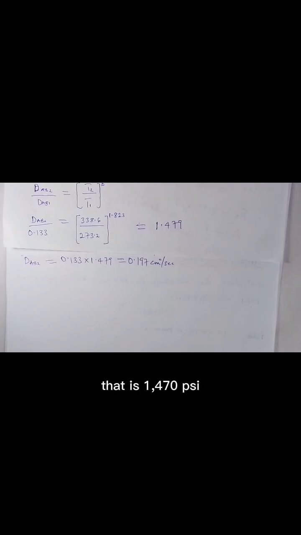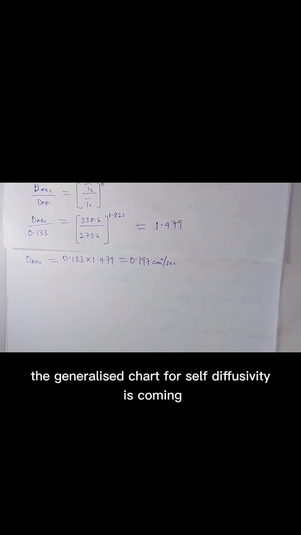1470 psi. So in this case, this is where the generalized chart for self-diffusivity is coming. This generalized chart for the self-diffusivity is a plotting of pressure and diffusivity against reduced temperature and reduced pressure.